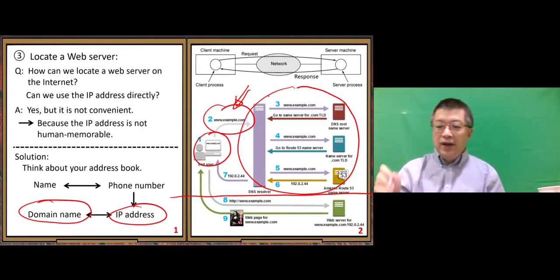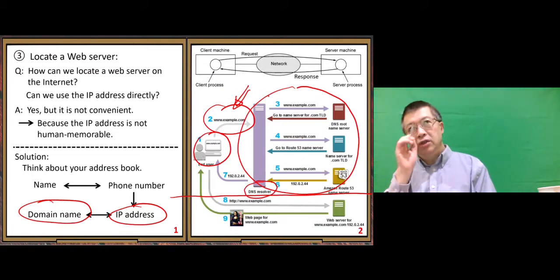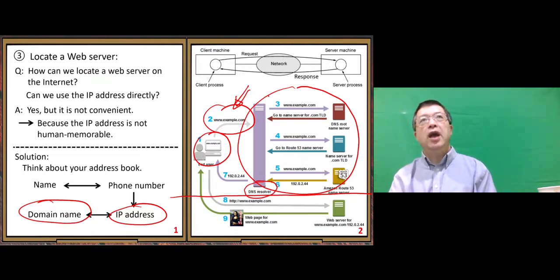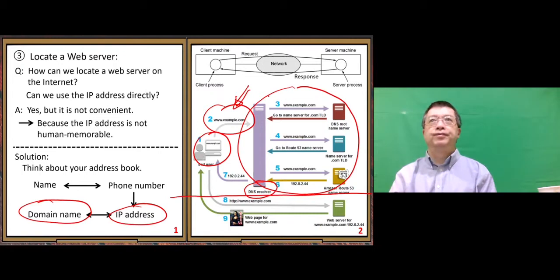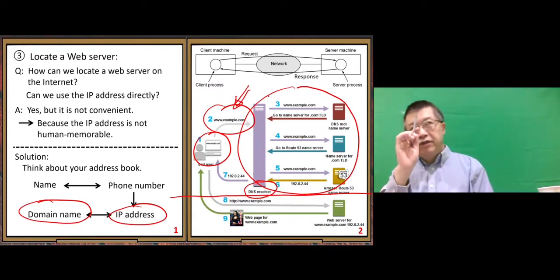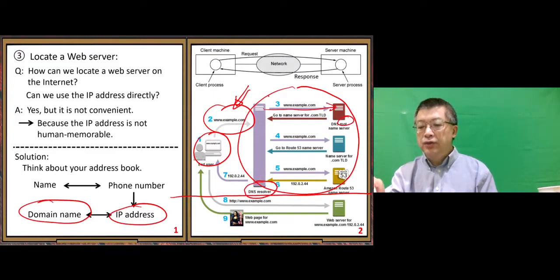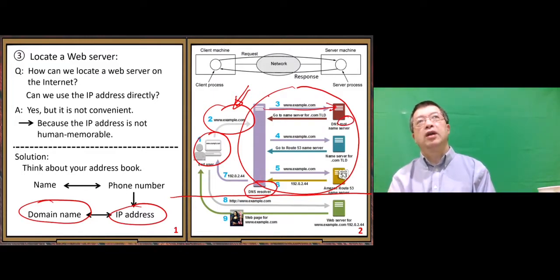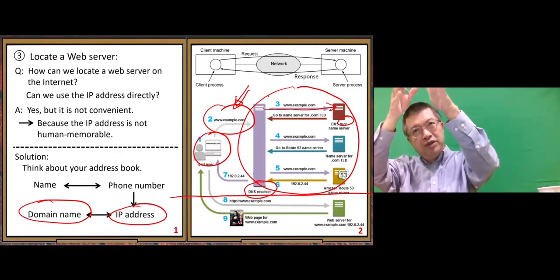Now the first step, to get the IP address. Here there is a DNS resolver. DNS means domain name service. In our next slide, we will look at this DNS a little more. The resolver first sends you to the DNS root name server. There is a hierarchical structure, with the root at the top.